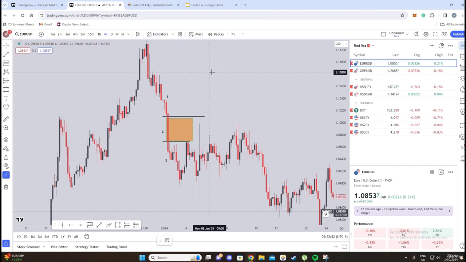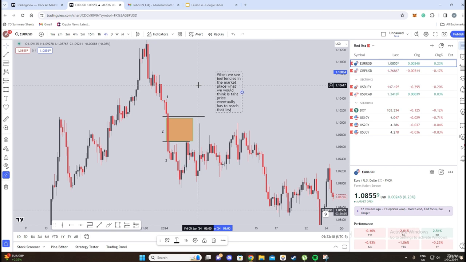And when we see inefficiencies in the marketplace, keynote, what we would think is that price eventually has to reach that level before continuing down or reversing, continuing in that direction or reversing.